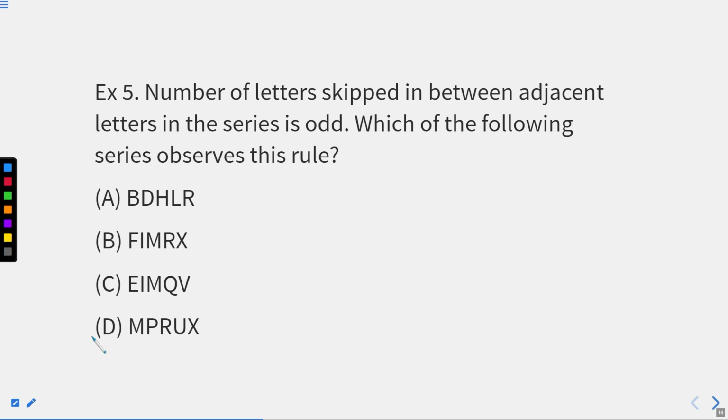If I talk about the first one, that is BD, in between B and D how many letters are there, or what is the gap of alphabets? If it is odd, then it follows the question's demand, otherwise it does not.